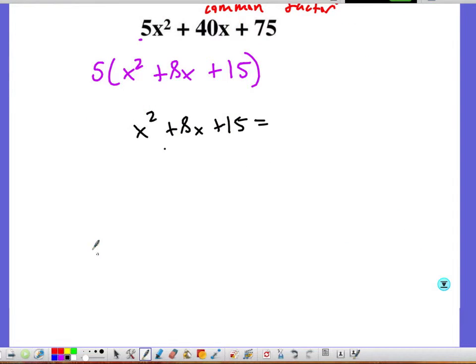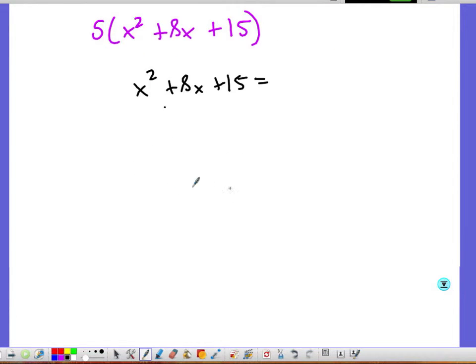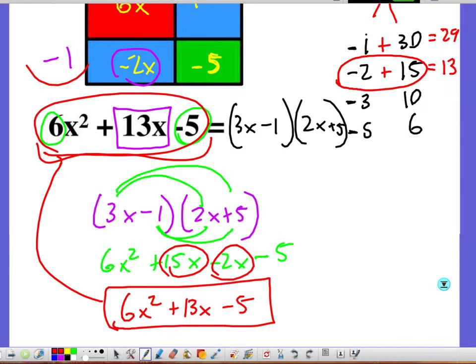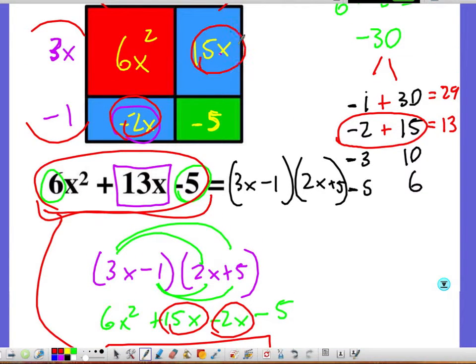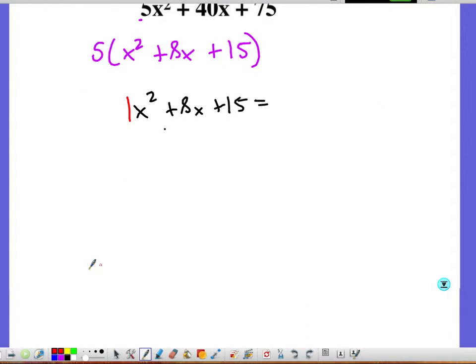So, by the way, before we go to the box method, we need to go through the same steps that we did here. So in order to get these two numbers, we can go ahead and create our box. Here's my box.